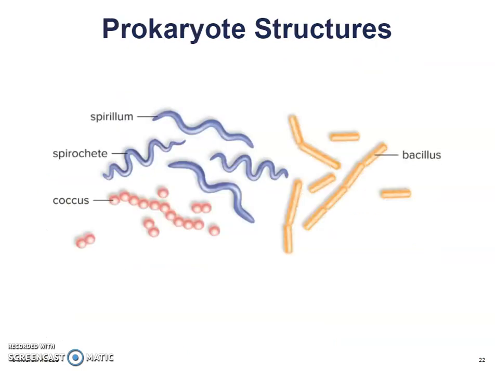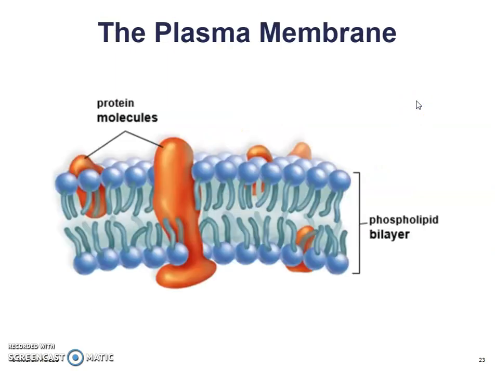Here we have the different shapes of prokaryotes. So you'll notice the spherical, the rod-shaped, and the spiral. Okay. Here we have the plasma membrane. We have proteins that are embedded. Okay, those help with getting things through the membrane and with signaling.